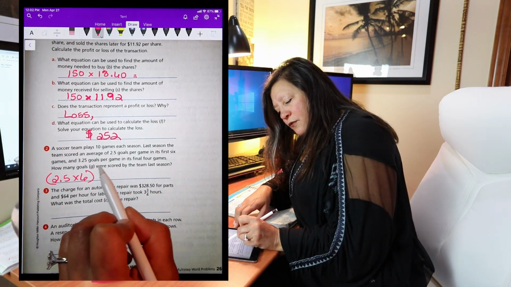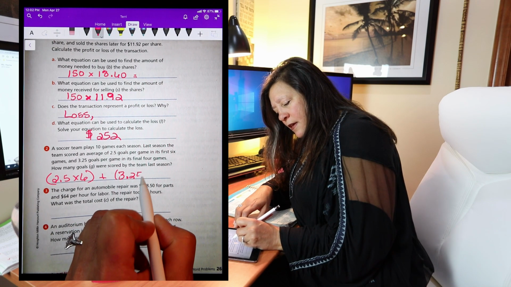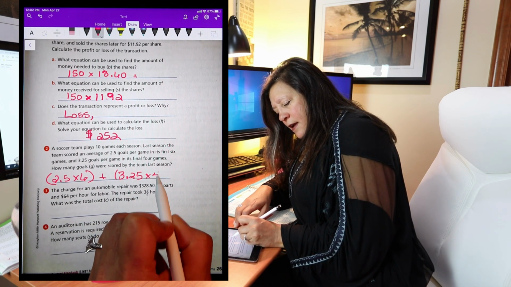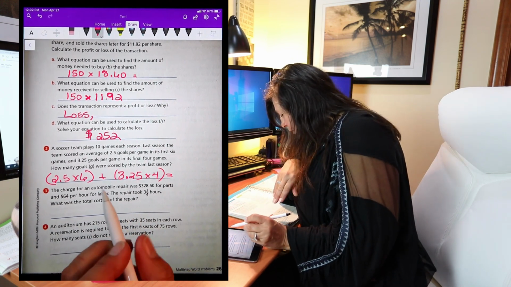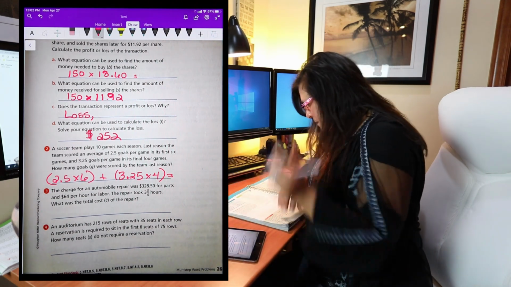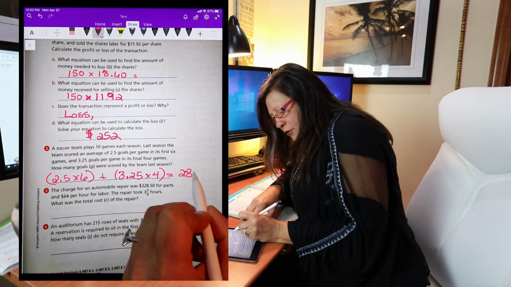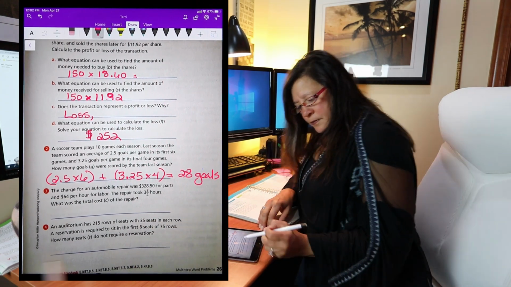And 3.25 goals in the last 4 games. Then when you add those two together, you should end up with 28 goals altogether.